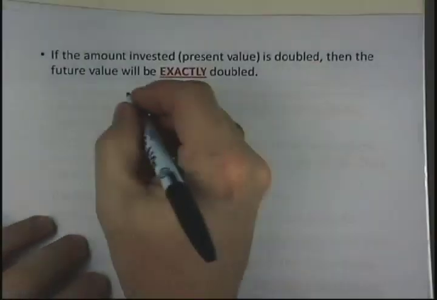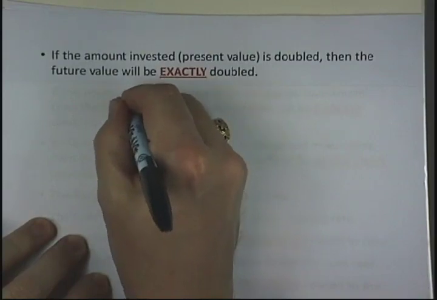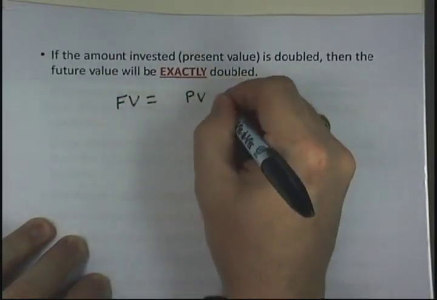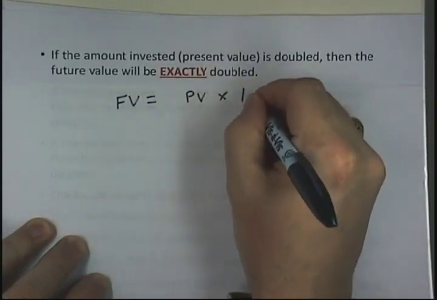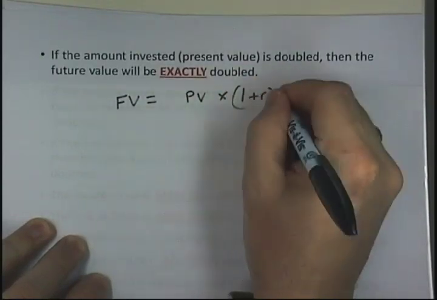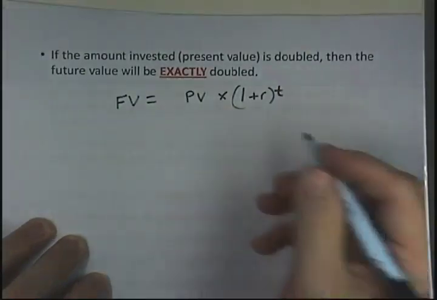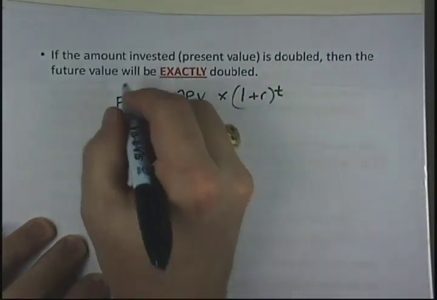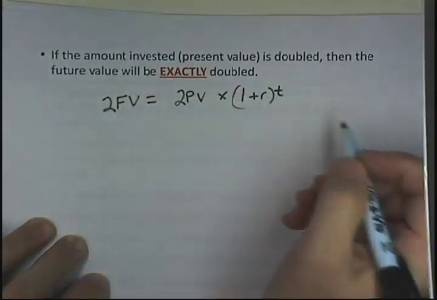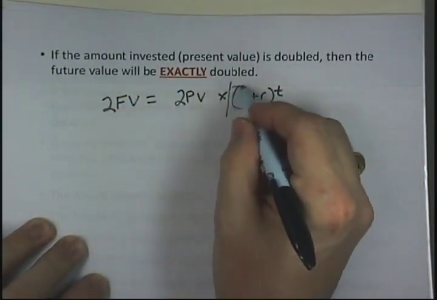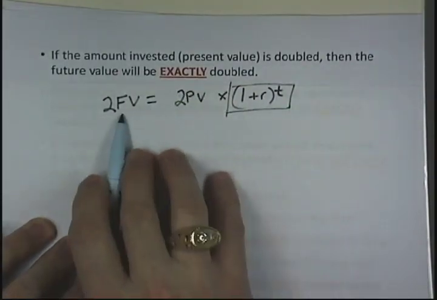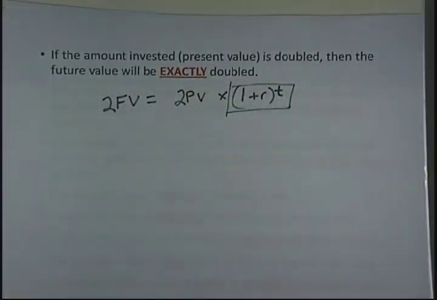That's going to be true because of our present value future value equation that says the future value is the present value multiplied by 1 plus the rate raised to the number of periods. So if we double the amount that we invest, then we will exactly double the future value. This future value interest factor would stay exactly the same, so if we invest twice as many dollars, we'll have twice the future value.